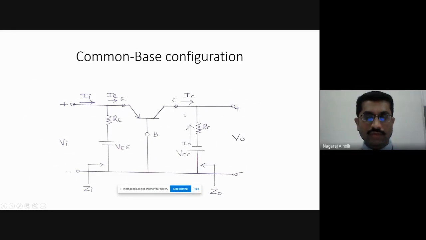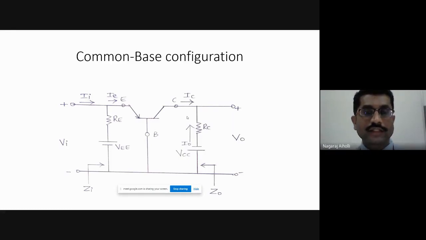We know that for common base configuration, what is the current gain represented by? Can anybody tell me? In common emitter configuration and common collector configuration, we consider beta.